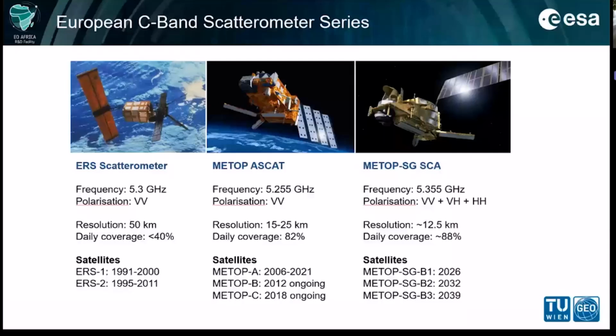Also very positive to note is that the daily global coverage improved from below 40% for the Advanced Scatterometer to 82% for METOP ASCAT for a single satellite, to up to 88% for the SCA instrument for only one instrument.